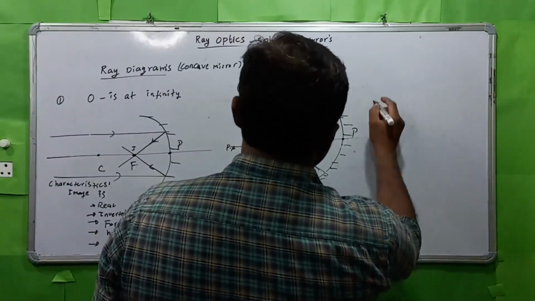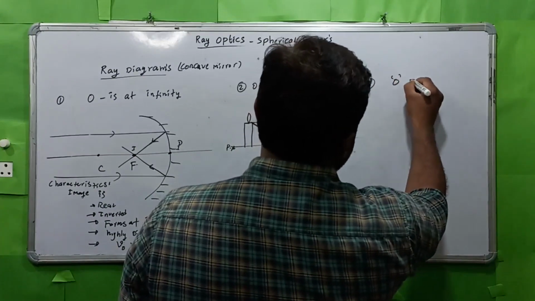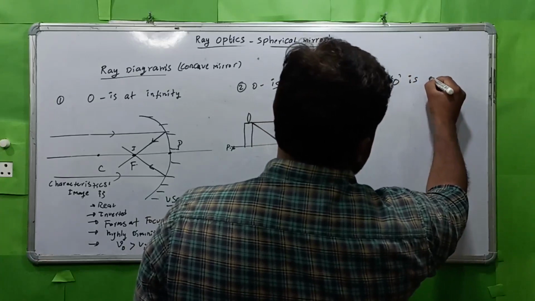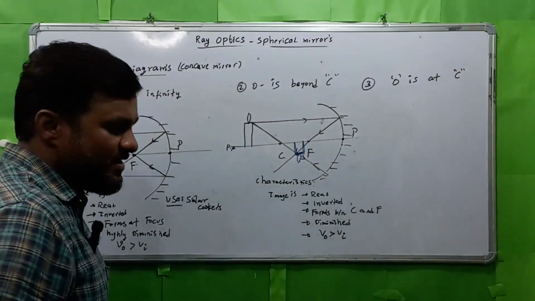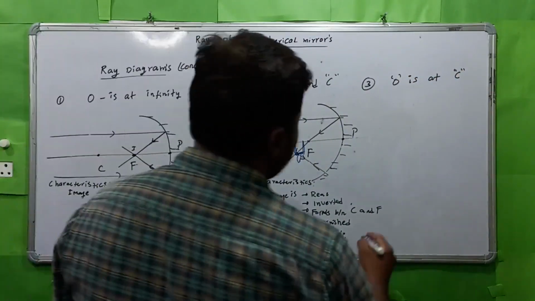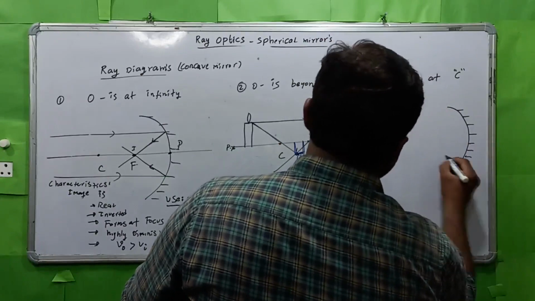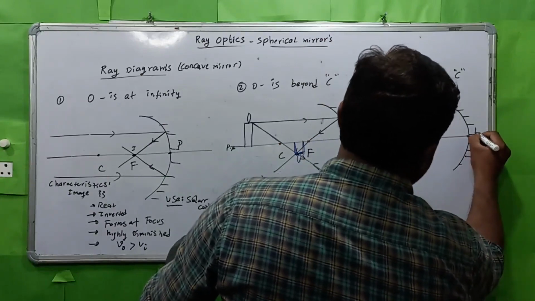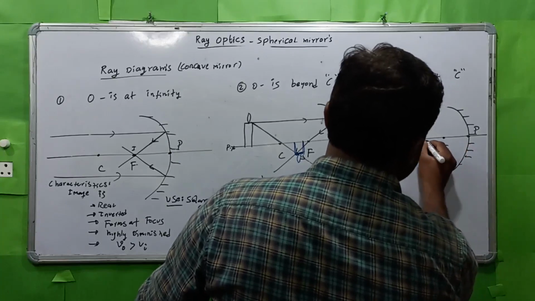Next, we will draw the third diagram. The object is at the center of curvature. The object is kept at the center of curvature. Concave mirror, pole, focus, center of curvature.